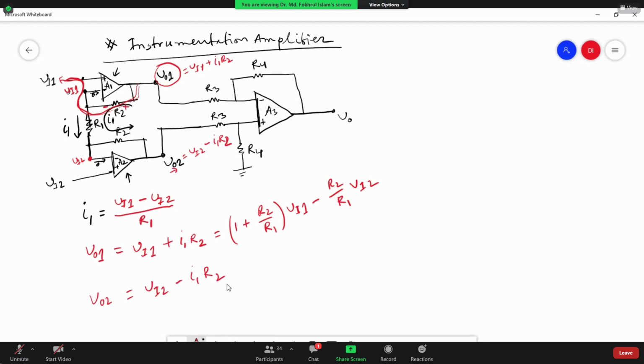So V02 is 1 plus R2 by R1 VI2 minus R2 by R1 VI1.